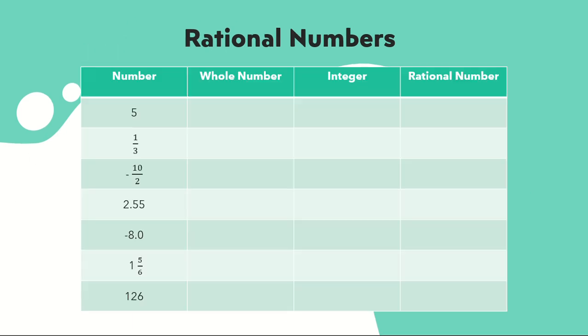It can also be classified on a table such as this. So we know 5 is a whole number, but because it is a whole number, it can also be an integer and a rational.